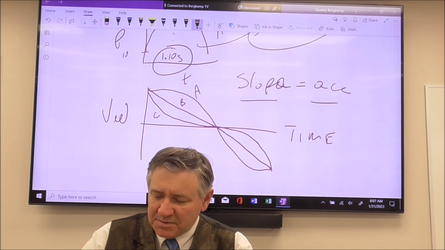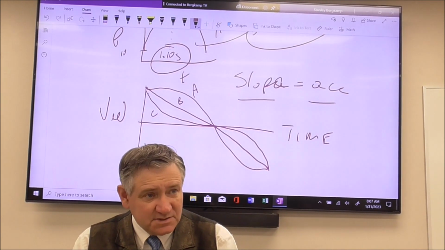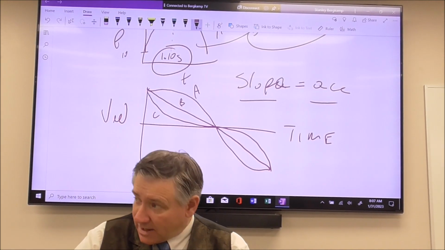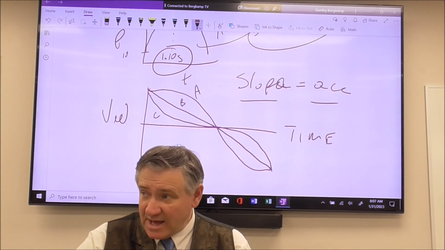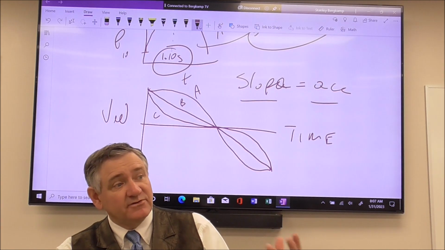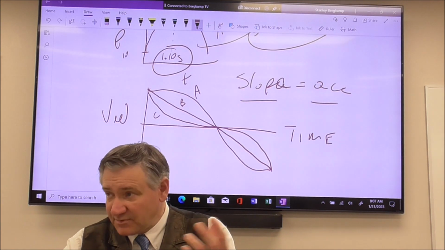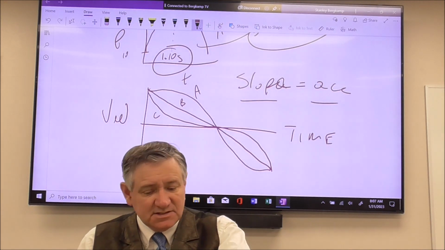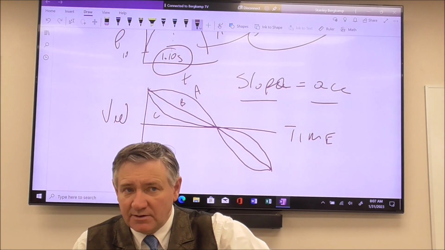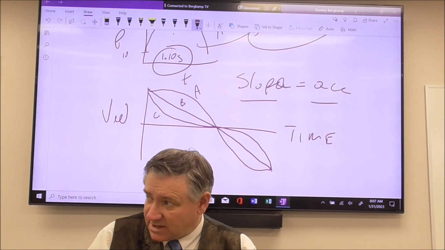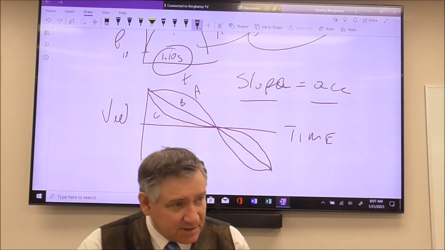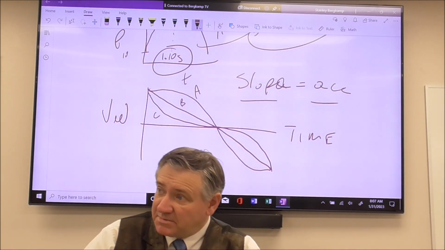So if I stop applying a force and I watch what happens and I see it slow down and then speed back up, the only way that's going to happen is if there's some external force acting on it. Because for lack of a force, this thing would just keep going and going. And because I see it change direction and I see it speed up and I see it slow down, that means there has to be a force acting on it.